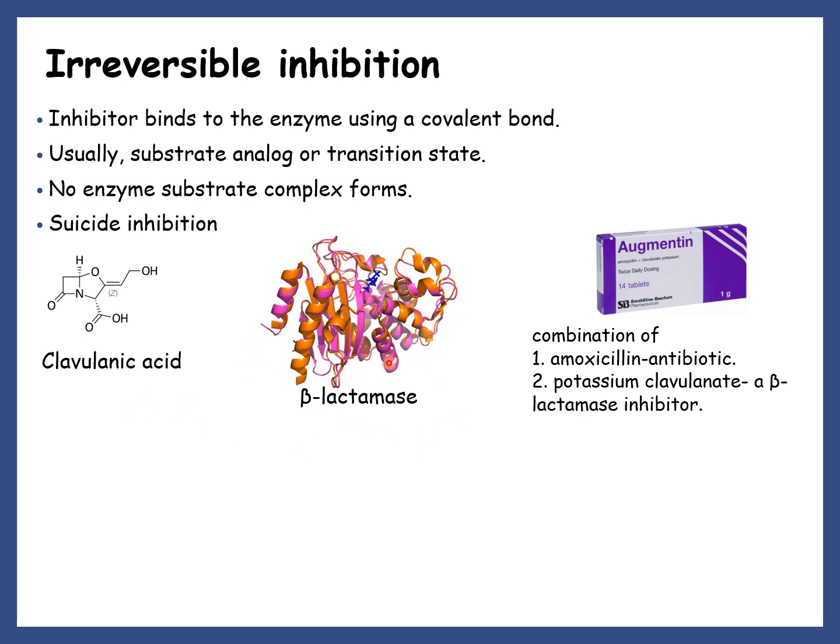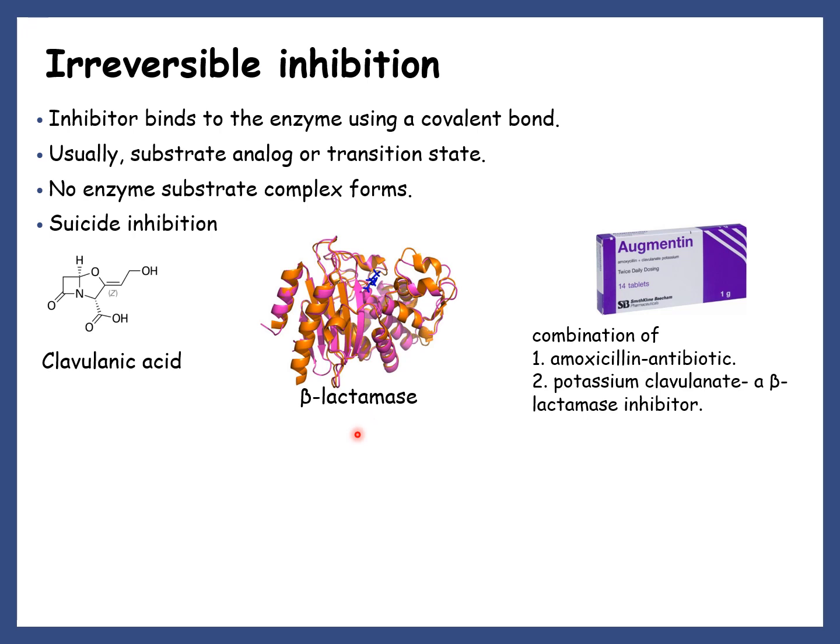Beta lactamase is produced by bacteria to break down the antibiotics, and it's a major cause of antibiotic resistance in bacteria. So Augmentin uses a penicillin-based antibiotic, but the inhibitor it contains inhibits the enzyme which is the cause of the resistance.